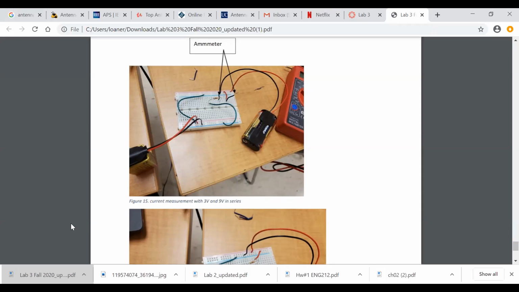Dr. Khan, I got a question. Yes. In my kit, I don't see a 9-volt battery, so should I go and buy one? There is no 9-volt battery at all? Yeah, I don't see one in my kit. I don't know about these.